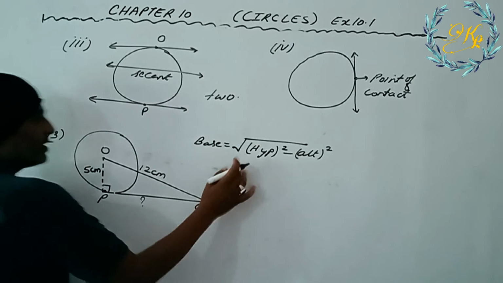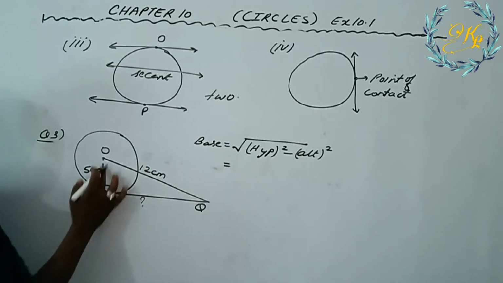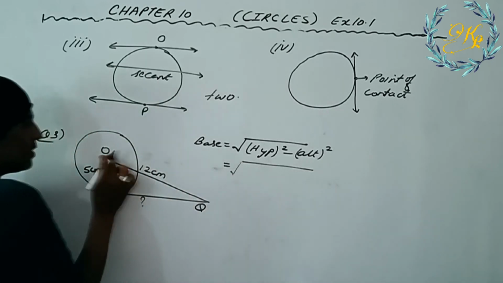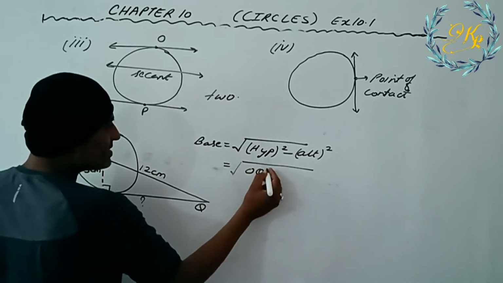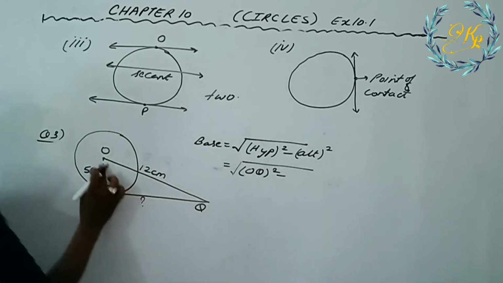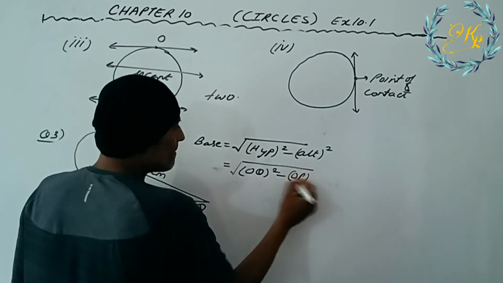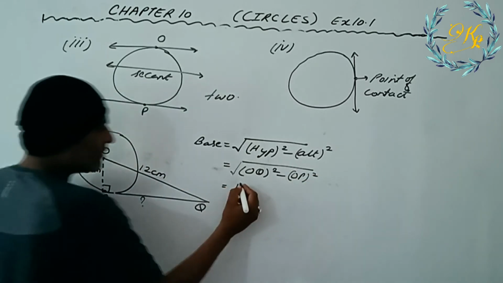Let's replace this formula with the values from this particular triangle. The hypotenuse here is OQ, the longest side of the triangle, minus the altitude, the perpendicular, that is OP.